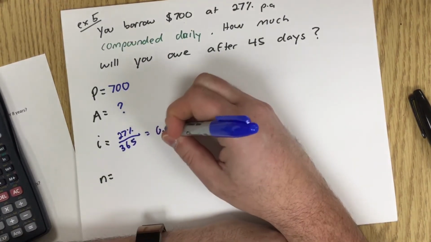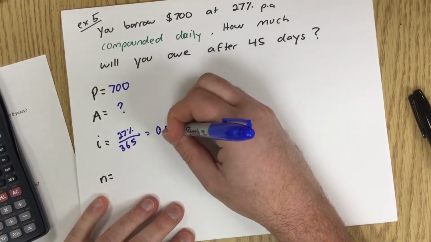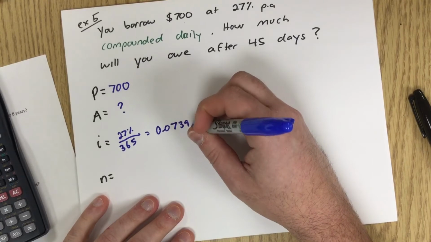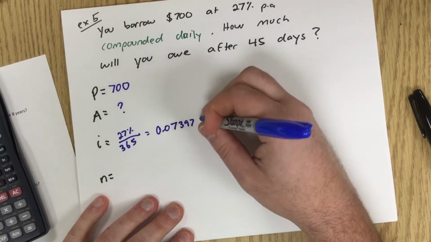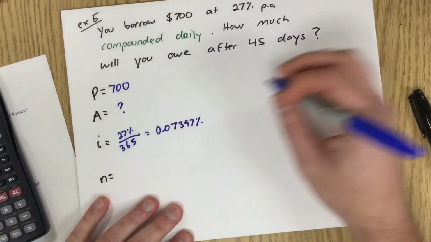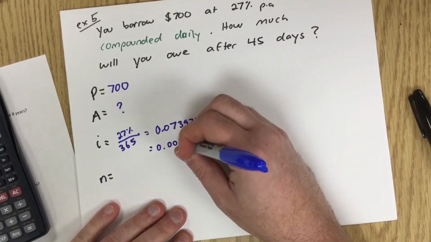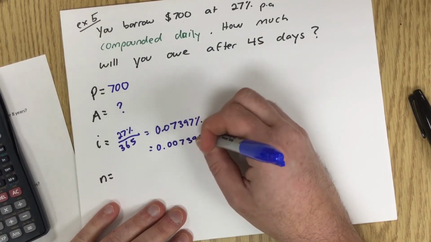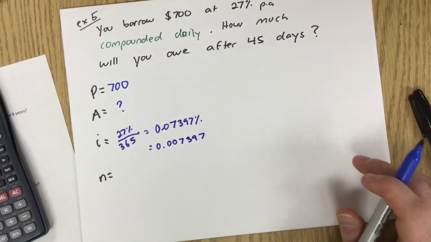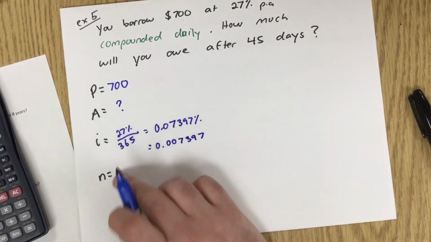It's going to be 0.07397%, which is going to be 0.007397. It's probably good to do a lot of decimals. When I put it in the calculator, I'm actually going to keep more decimals than that even.